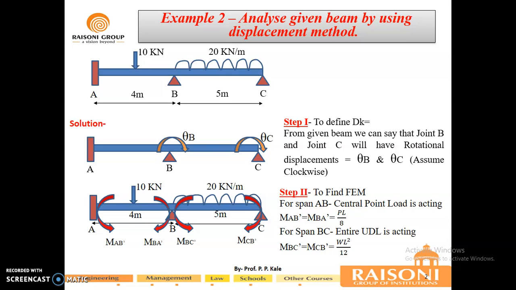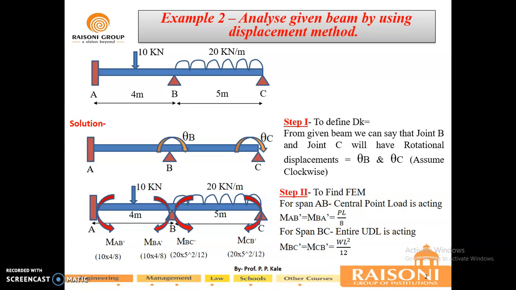To calculate these values, PL by 8 is 10 into 4, where 4 is L, the span length for AB. For span BC there is a 5 meter length, so L will be 5. Similarly M_BC will be 20 into 5 square by 12, and M_CB will be 20 into 5 square by 12. Here anti-clockwise is taken as negative in further calculation, and clockwise as positive. That will be seen clearly in our next steps.